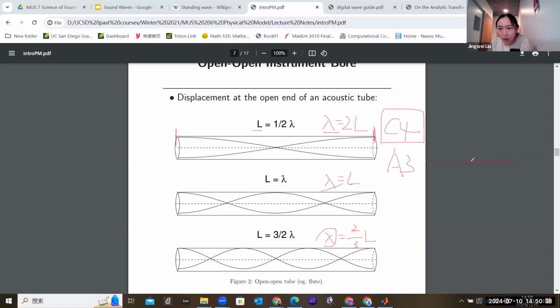So this is your fundamental frequency F0, and then you only have 2 F0, maybe 3 F0, 4 F0, 5 F0. They are the integer multiples of your fundamental frequency. So other frequencies will barely be present.